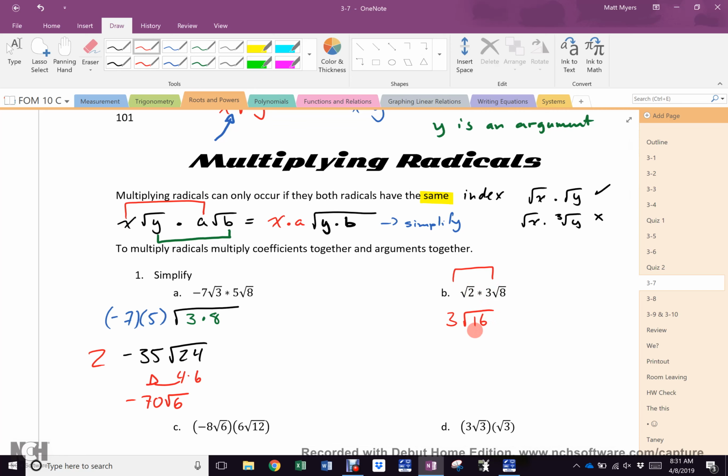What is it? It's 4 times 4. It's already a perfect square. So what comes out? 4. What did I leave under there? So what's the answer? 4 times 3, which is what? 12. Everybody see how easy this is? There's nothing going on here that's complex.